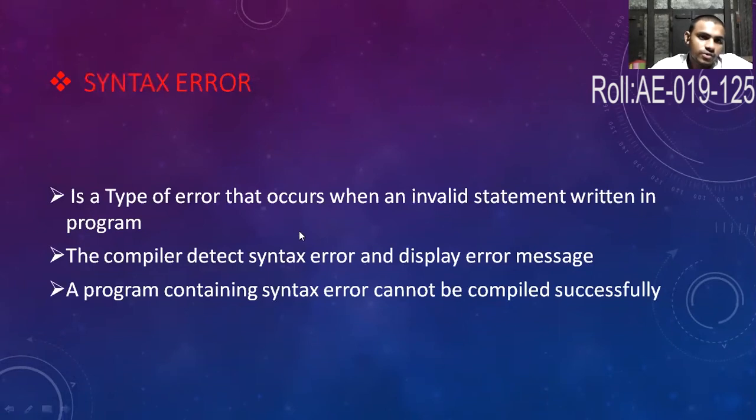A syntax error is a type of error that occurs when an invalid statement is written in a program. The compiler detects syntax errors and displays an error message. A program containing a syntax error cannot be compiled successfully.